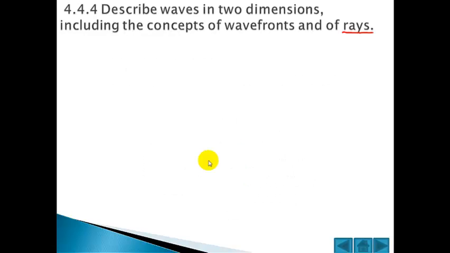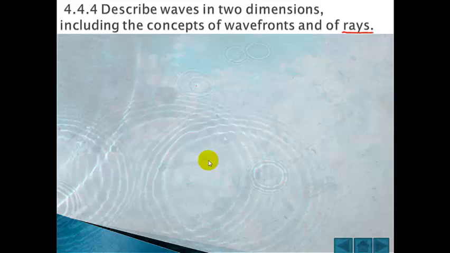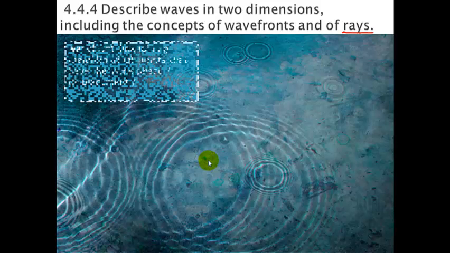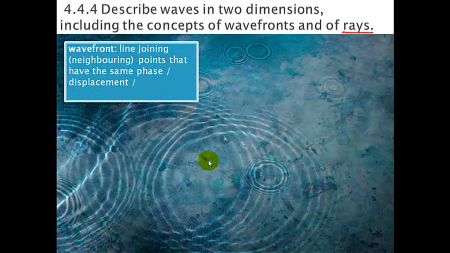This idea of wavefronts and rays is easy to understand as a basic idea, but difficult to define. So I've just given you the definition of these two aspects. The wavefront is basically the line.